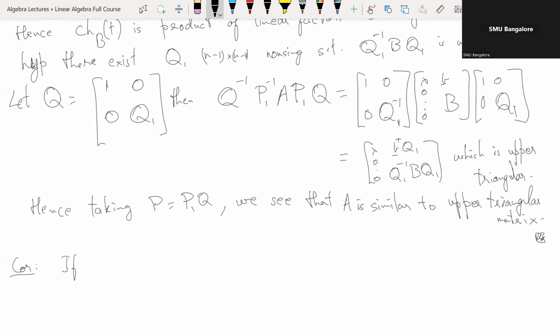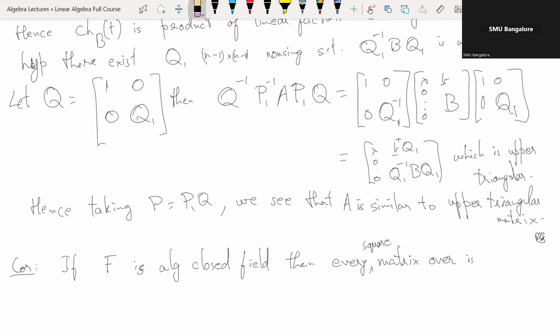If F is an algebraically closed field, then every square matrix over F is similar to an upper triangular matrix.